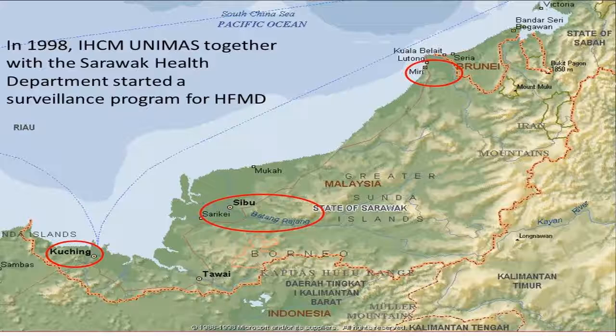So Kuching General Hospital, Sibu General Hospital, that actually serves the greater basin of Sarawak here, and then Miri General Hospital in Miri. Besides this also, we have outpatient clinics, whether public or private, that also contributed to this surveillance study.